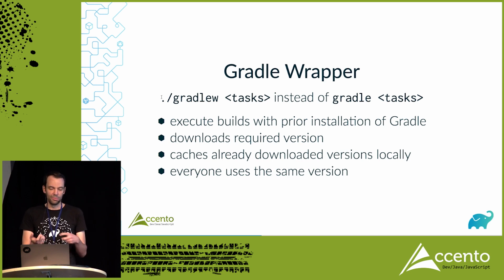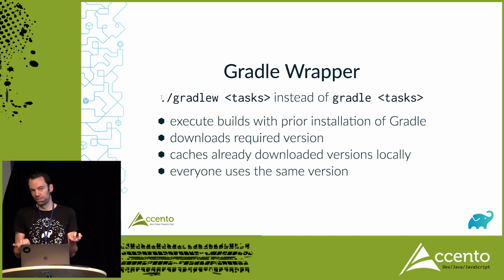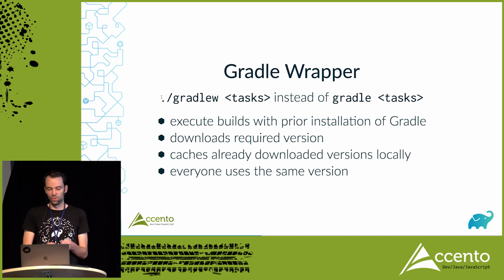Of course, it only does that if it's not cached already locally, so it only will download it once. This way, all machines, every developer, the CI server, everyone will use the same Gradle version. That's a really useful thing, which is why most Gradle projects use the Gradle wrapper.